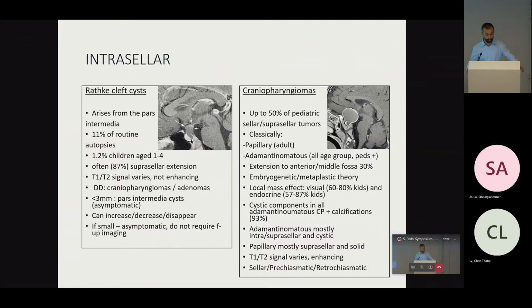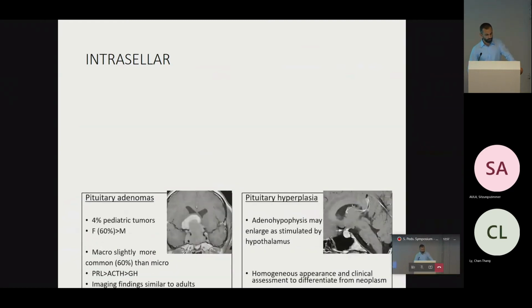It does not enhance, and the signal on the MRI scan varies on T2 and T1, depending on the content of the cyst. The main differential diagnosis will be a craniopharyngioma, about whose radiology we'll have a nice lecture later on. Rathke cleft cysts can have an absolutely asymptomatic and benign course, so they not always need treatment, actually rarely need treatment. I will skip the craniopharyngiomas.